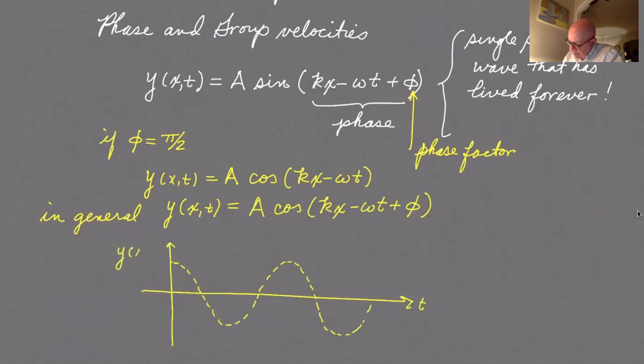This is y of x and t. And then we take another snapshot of it at some later time, and that might look like this.